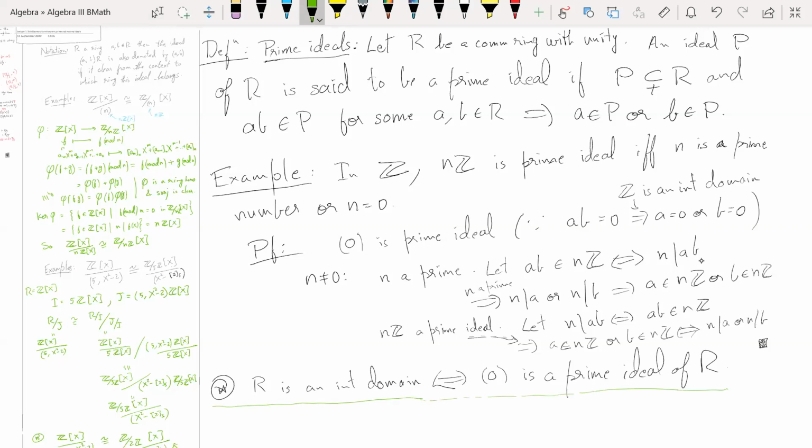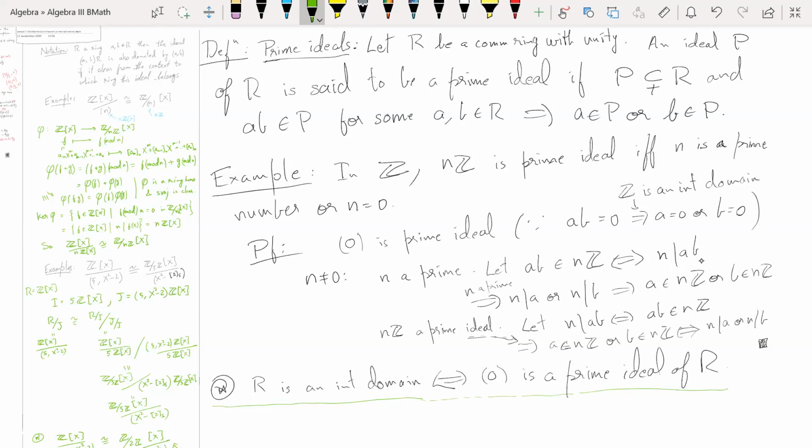If 0 is a prime ideal of R, that means if a times b is equal to 0, then a has to be equal to 0 or b equals 0, which is the same as saying that R is an integral domain. So for R a commutative ring with unity, R is an integral domain if and only if the 0 ideal is prime. Okay. So for this first statement, the same proof works.